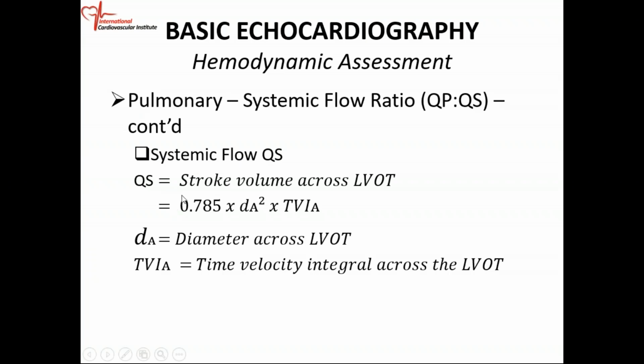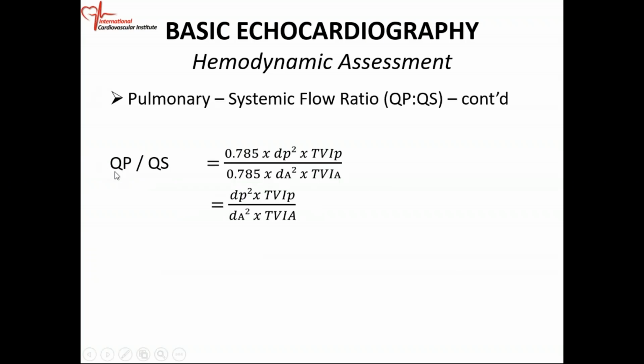The flow is the cross-sectional area, which simplifies to 0.785 times d squared, multiplied by the TVI across the LVOT, and we get the stroke volume across the LVOT. Your QP-QS ratio is just the pulmonary flow divided by the systemic flow.